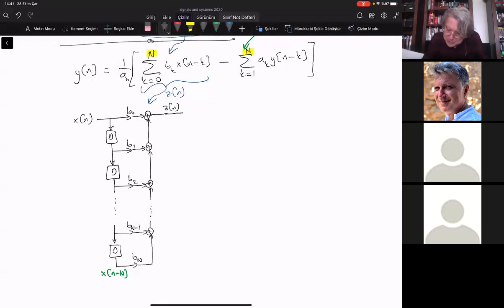And the autoregressive part, I always start from the output, which is y of n, because I need y of n minus 1 and y of n minus 2, y of n minus 3, up to y of n minus capital N. How am I going to do that? I will achieve them by having delays. A lot of delays.